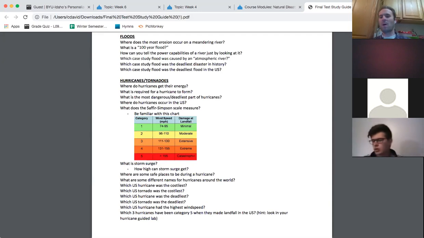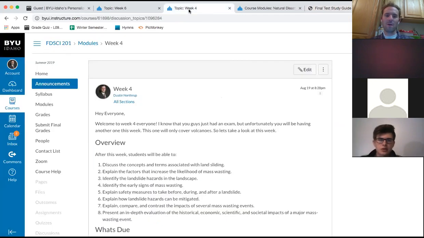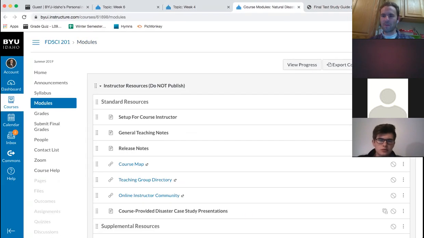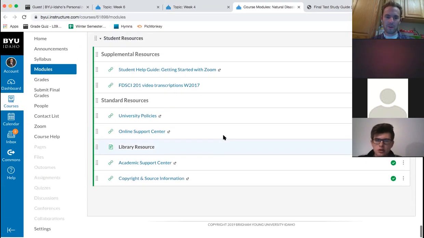Perfect. So who remembers what some of the requirements are for a hurricane? For the formation of a hurricane, we're going to go all the way down.